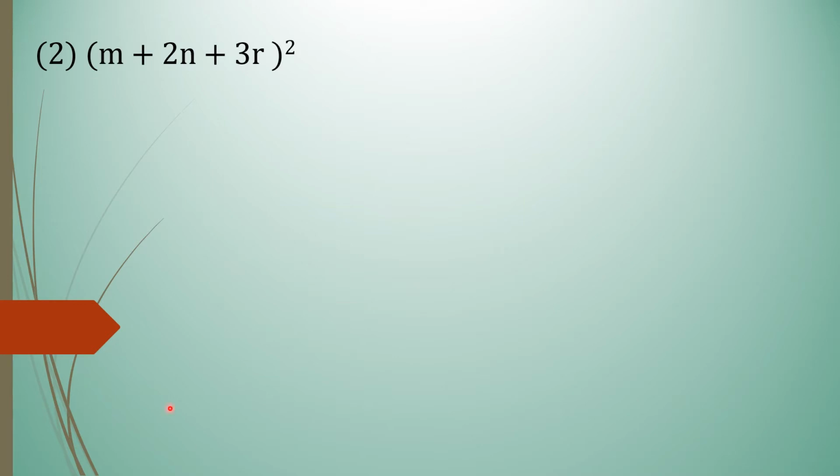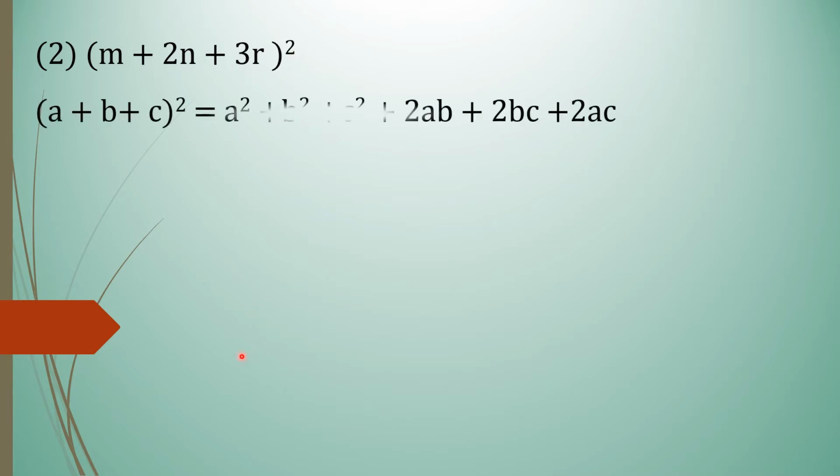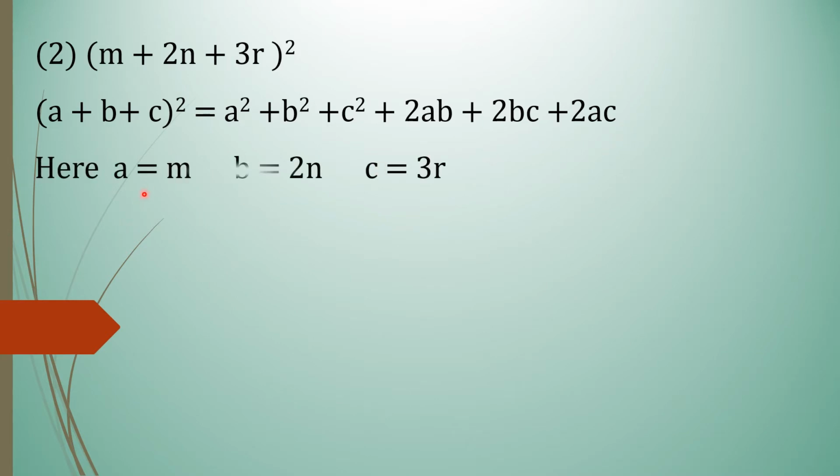So what is given? (m plus 2n plus 3r) the whole square. So using the formula (a plus b plus c) the whole square equal to a square plus b square plus c square plus 2 into ab plus 2 into bc plus 2 into ac. We'll use this. So here a is m, my a term is m, b term is 2n and c term is 3r.